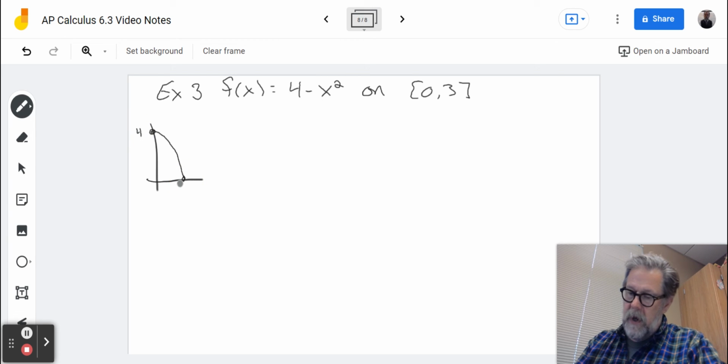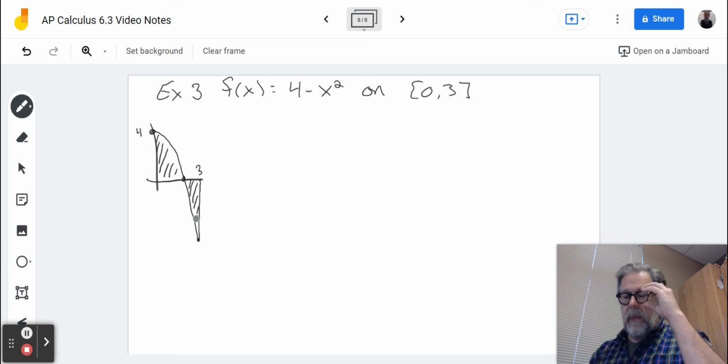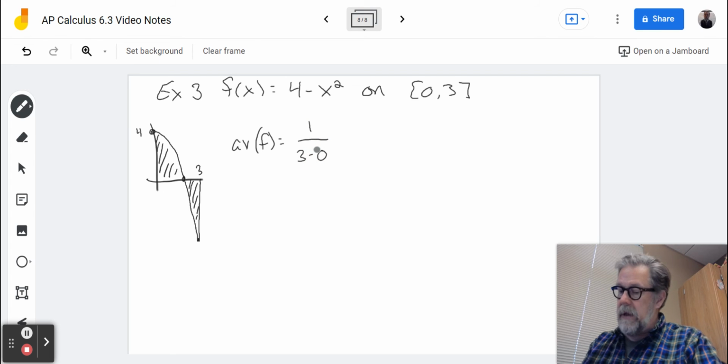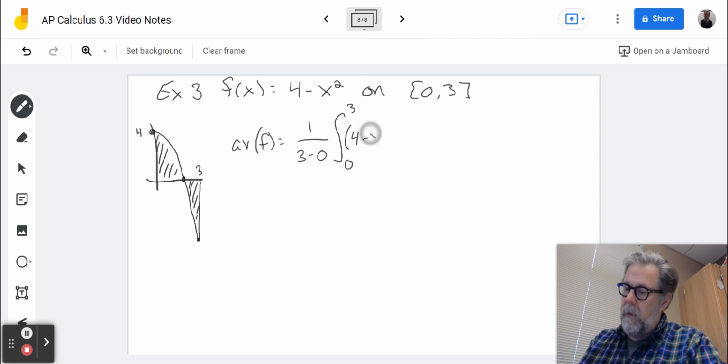It will cross the axis at 2, and there's the end of the interval. The average value of this function will be 1 over the width of the interval times the integral from 0 to 3 of 4 minus x squared dx.